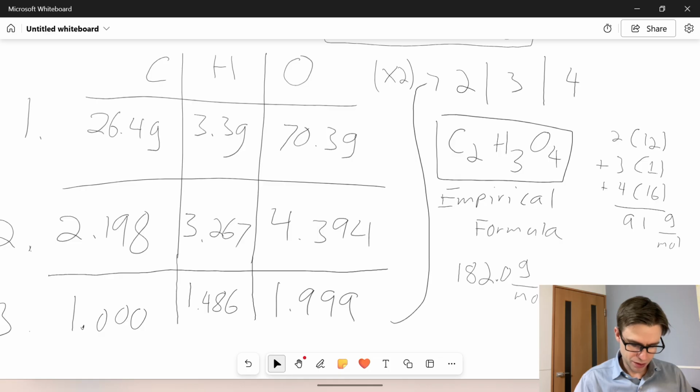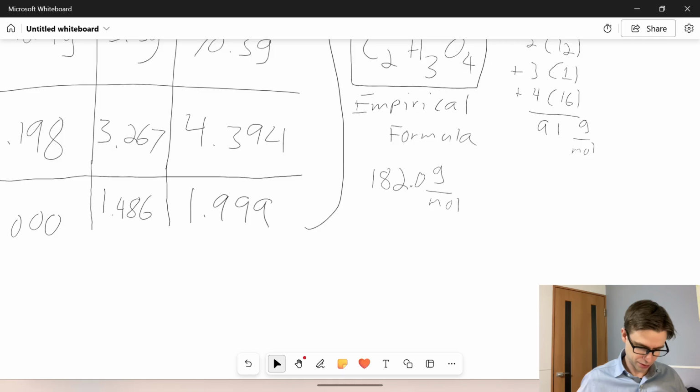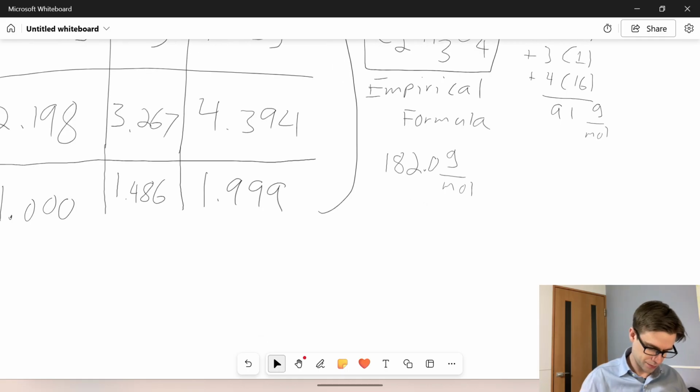Alright, so what do you notice? 91 for the empirical and 182 for the molecular. Well, it seems like the molecular formula must be double, because 91 is exactly half of 182. And that's really what you should do, is just going to separate these here.